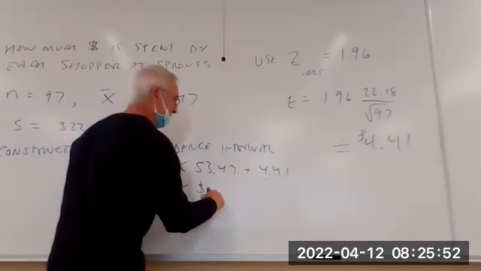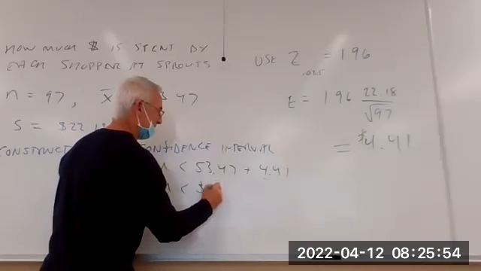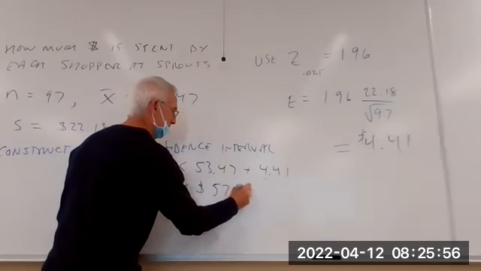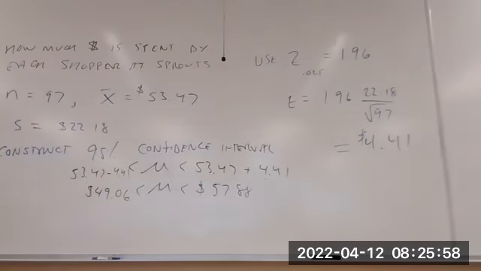And for the plus, it's 57.80. So based on our sample, we believe that the average a customer spends at this grocery store every time they go, on average, people are spending between $49 and almost $58. Sound reasonable? Yeah, that's not the worst thing in the world.